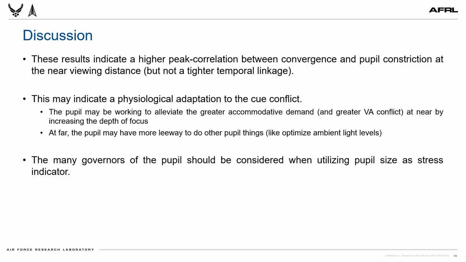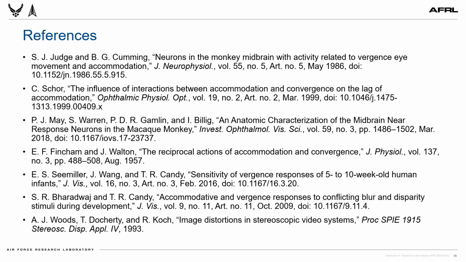So, when you're thinking about an epinephrine flood from the locus coeruleus in the midbrain that's related to the parasympathetic response of the pupil, you also have to think about what the user's doing and how badly they need their visual system to behave and create a nice crisp image on the retina. So that's all I got.